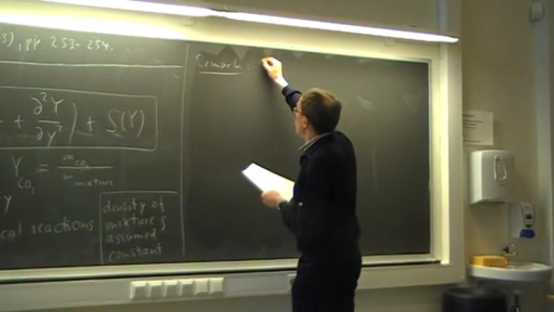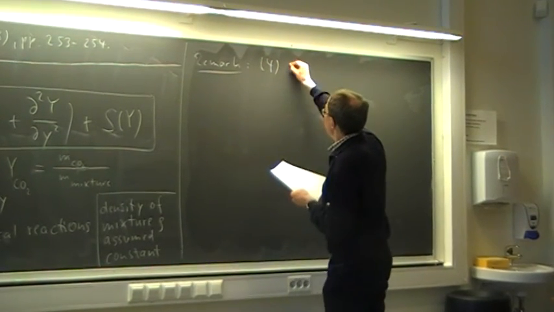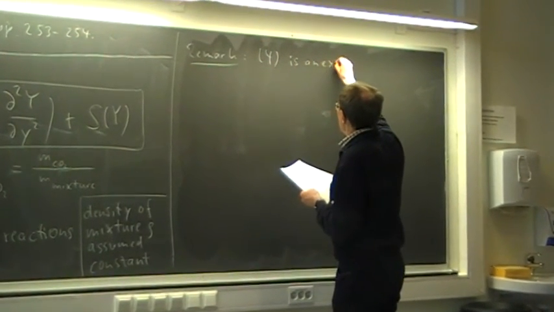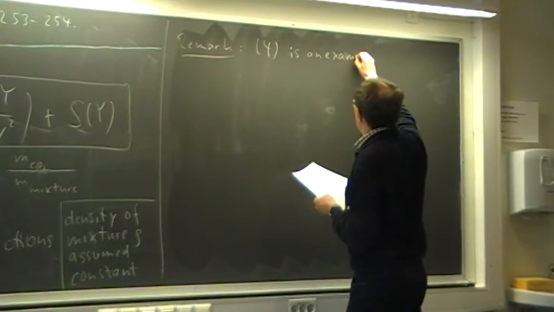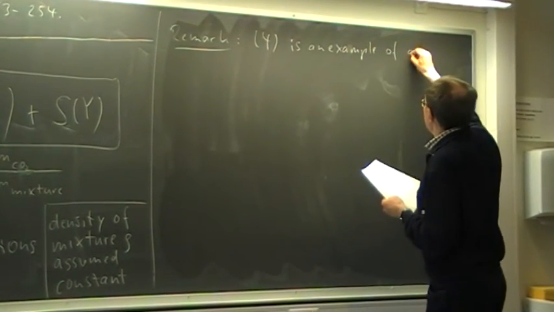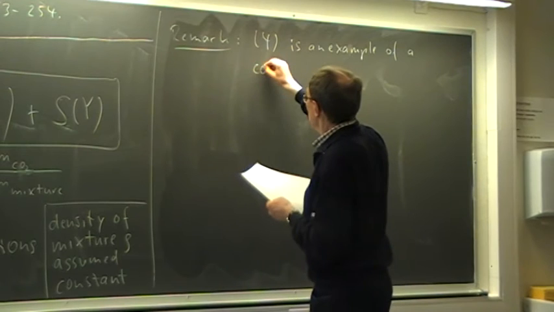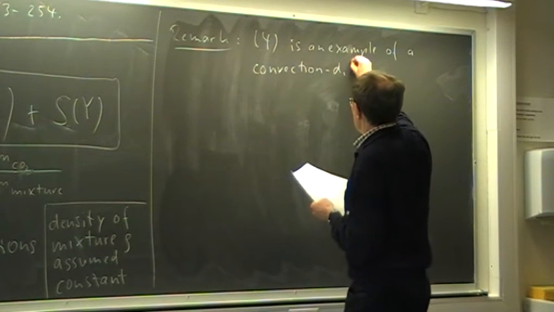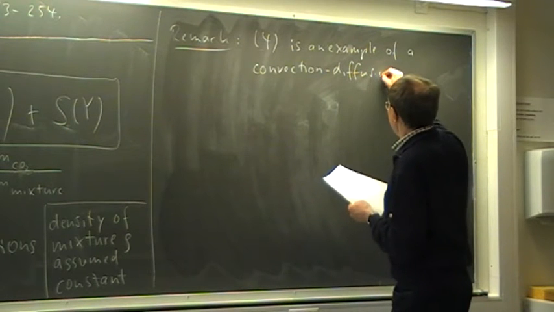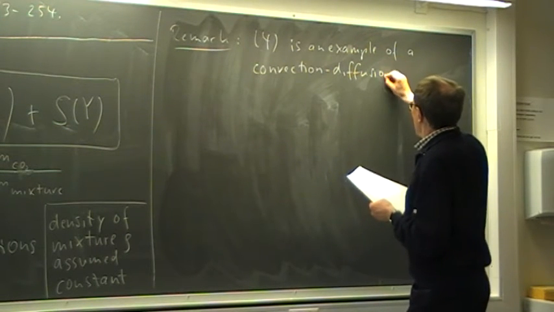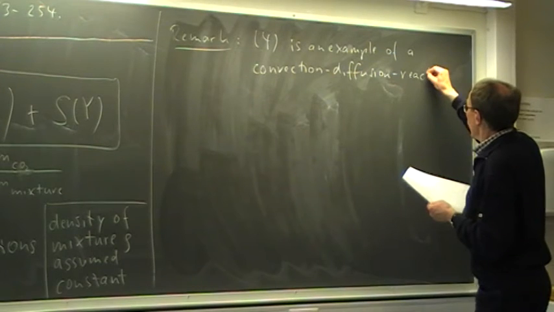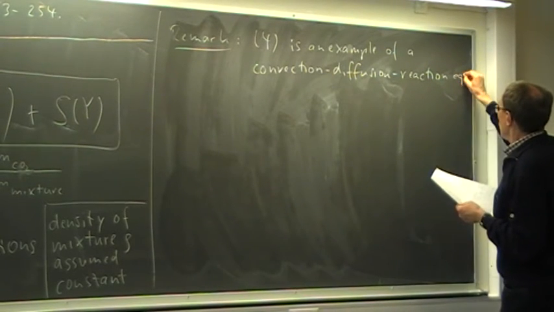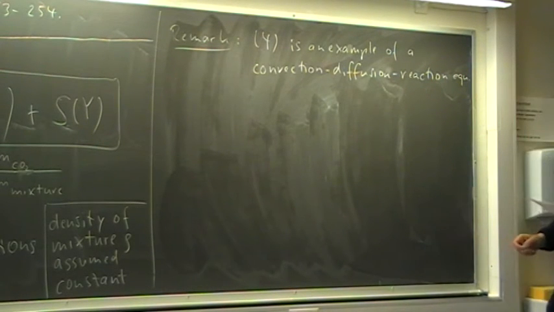So equation 4 is an example of a convection, diffusion, reaction equation, when we have all three processes present.